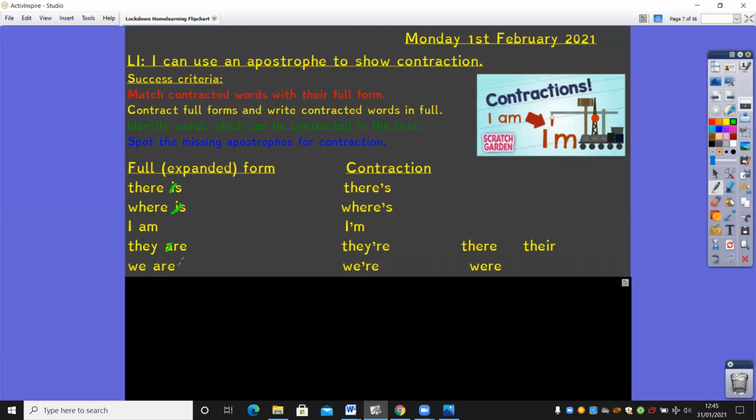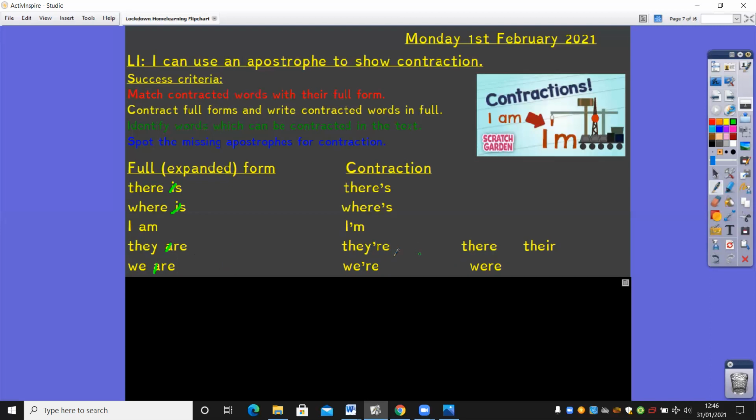Now we have the next set of words. We are. Children, which letters get squashed out when we create a contraction out of we are? That's right, again, it's letter A, isn't it? And then the two words get squashed together and we have an apostrophe in exactly the place where the A would have been, children.